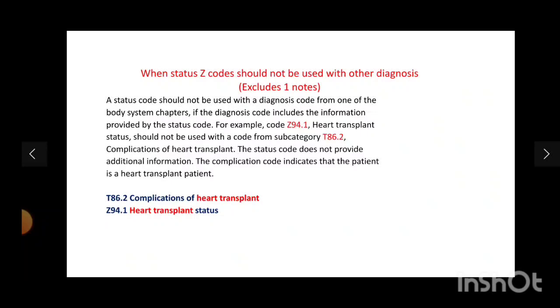In such a situation you have to code only one code, either Z94.1 or T86.2, because coding both is not necessary. You would be giving the same information again with another code, which is not needed. One code is enough to give the information of heart transplant.